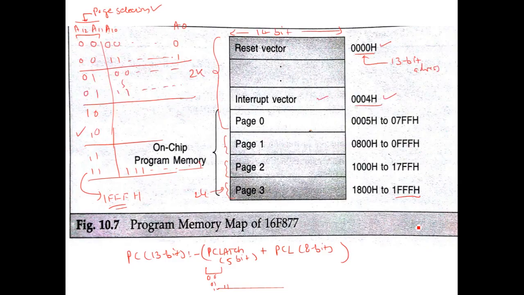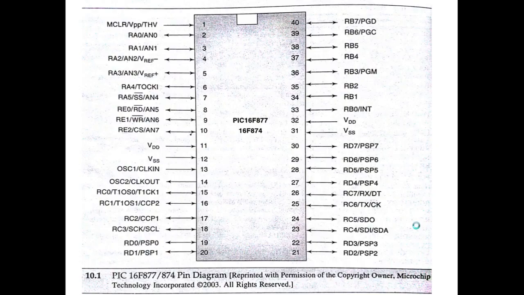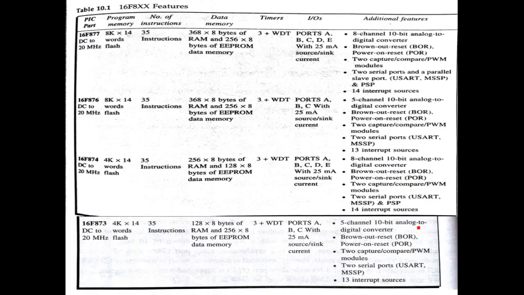As we have seen in this slide, it has 368 bytes of data memory, and 256 bytes of EEPROM. Okay, let us keep this EEPROM aside. Let us talk first of all about this RAM only.